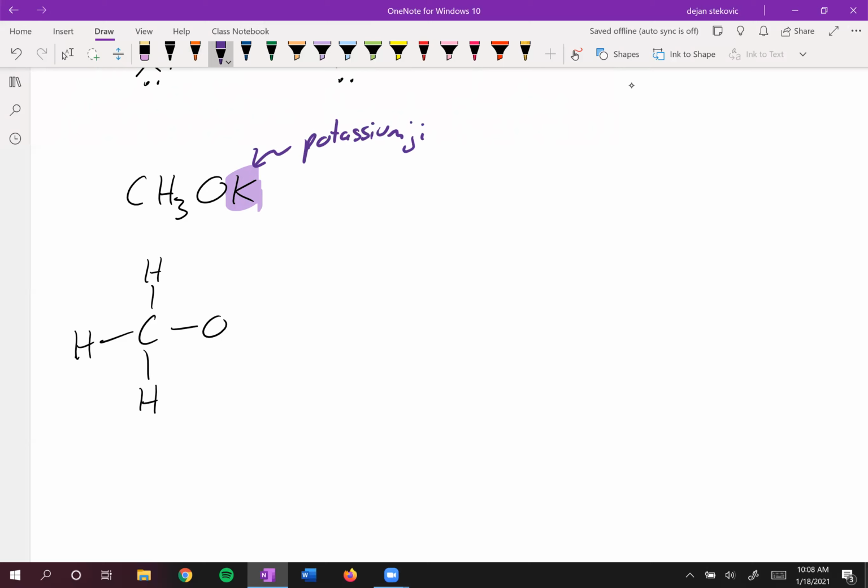And so we've got an ionic bonding situation, right? Remember that potassium has a positive charge. And so we need to fill out the rest of this oxygen so that it has an octet, has 8 valence electrons. And so we have 1 bond. That means we need 3 more lone pairs, which will give this oxygen a negative charge.